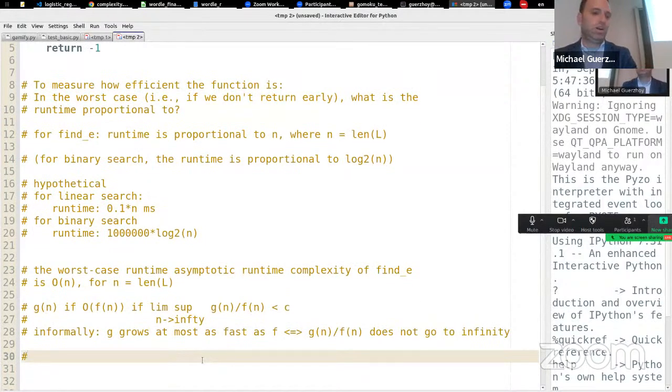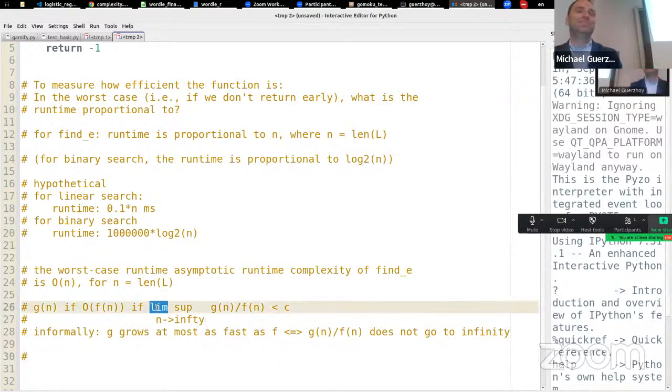The sup is also known as the least upper bound. I'll leave you to read about it if you really want; for this class, I just want to focus on the lim.